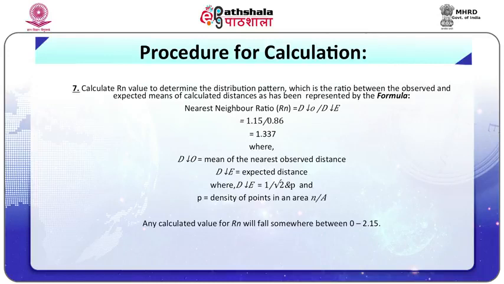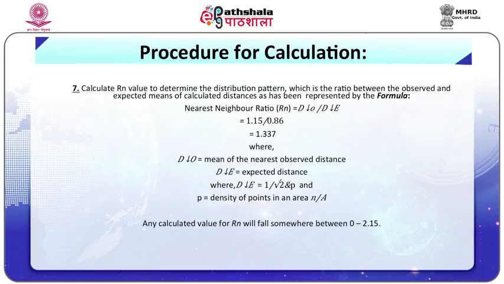Nearest neighbor ratio, that is Rn, is equal to d bar O upon d bar E, which is 1.15 upon 0.86, equal to 1.337, where d bar O is the mean of the nearest observed distance, d bar E is the expected distance, equal to 1 upon square root of P, and P is the density of points in an area, N upon A.